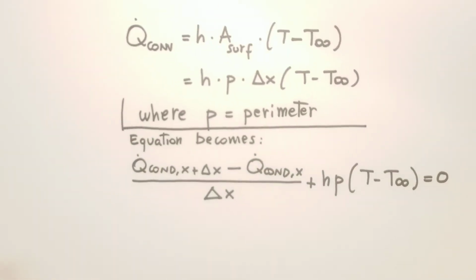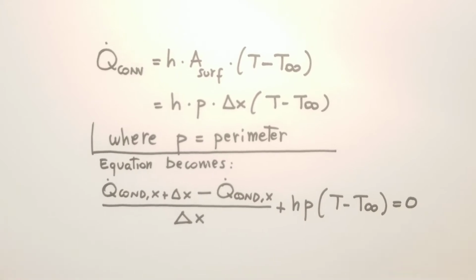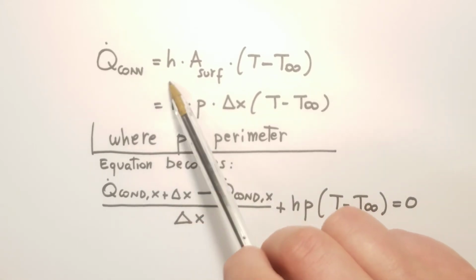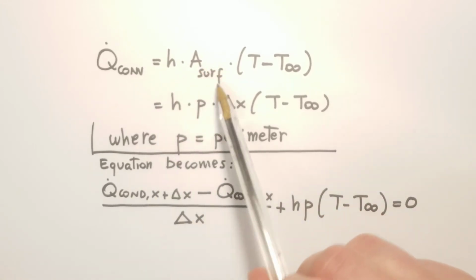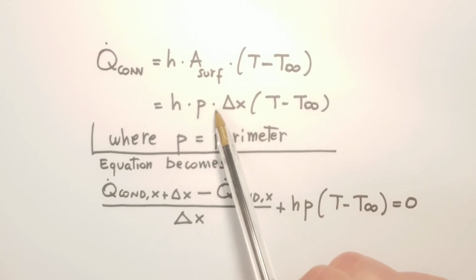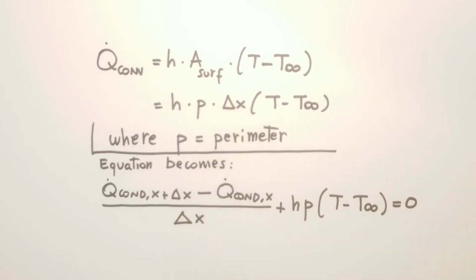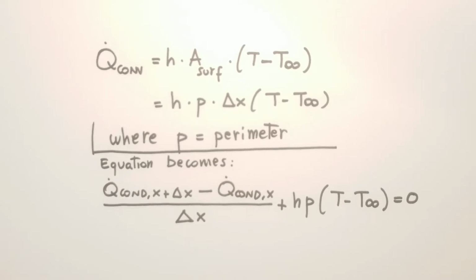We can write the Q convection using Newton's law of cooling, and the surface area is the perimeter times delta x. So the energy balance equation now has this form.